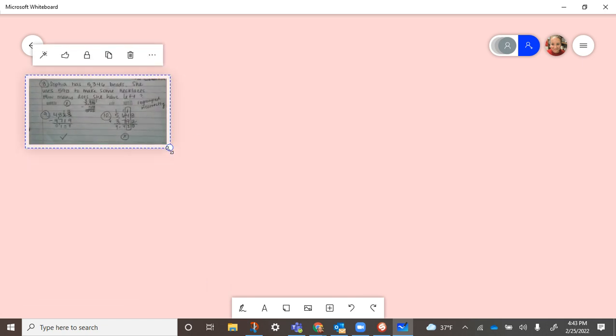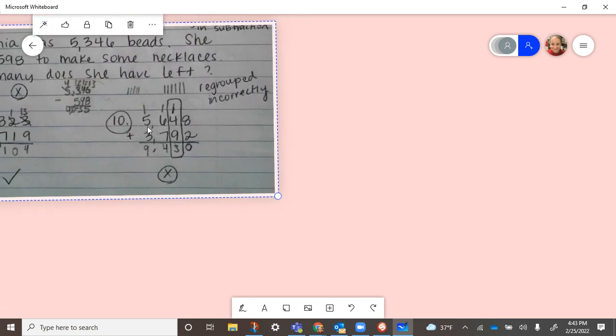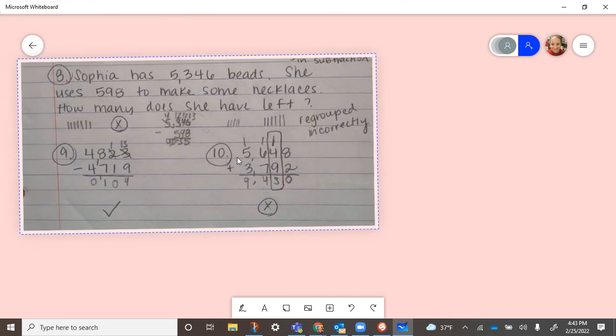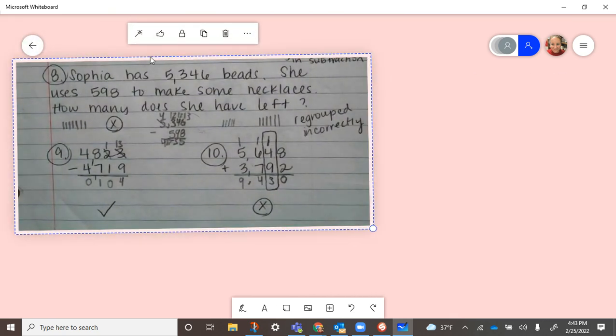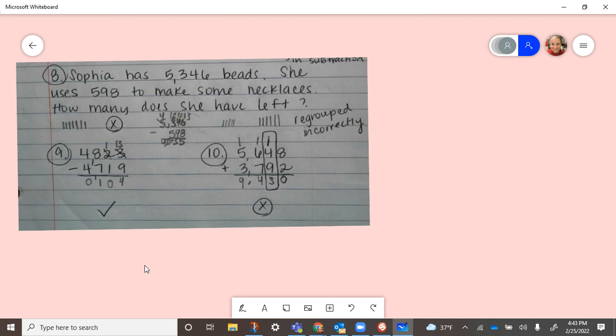All right, so on number 8, here it says Sophia has some beads, and she's using some to make some necklaces. How many does she have left? So here we are starting with an amount of beads. So we're starting with a bunch of beads. Then she's going to use some of the beads to make a necklace.